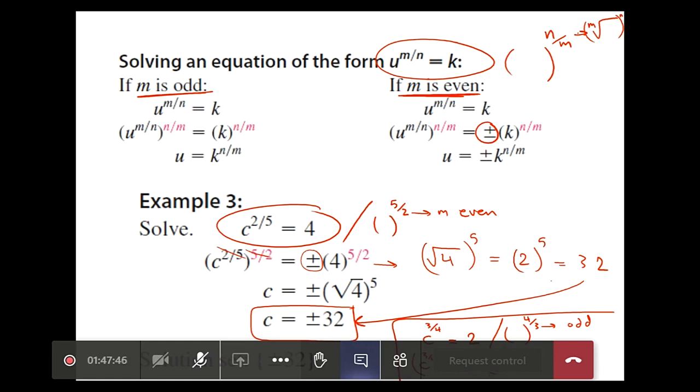So we don't need to put positive negative here. Remove this one, so we have c equal 2 to the 4 over 3, or keep it as it is, or we can put it as the cube root of 2 to the power 4, or we can put the 4 outside. Okay, like this.